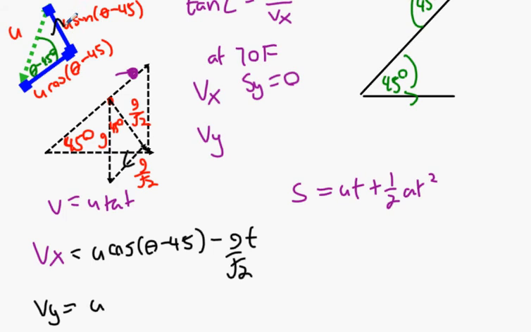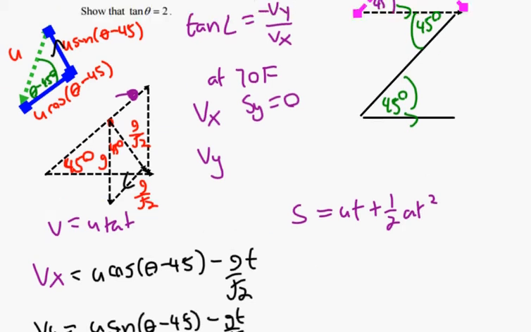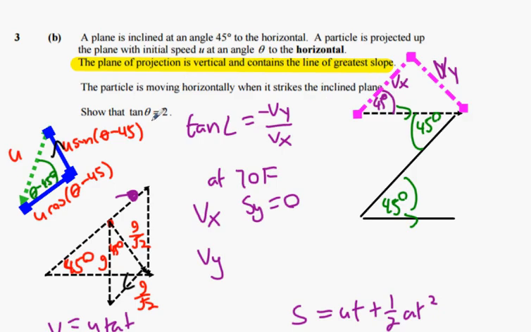It's the y component of our initial velocity, which is u sine(theta minus 45). Once again, minus gt all over root 2. We're not necessarily asked for sx, are we? Is there anything about range in the question? There's nothing about range, and so there's no reason to get sx.